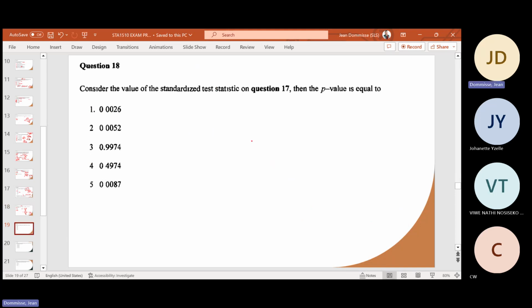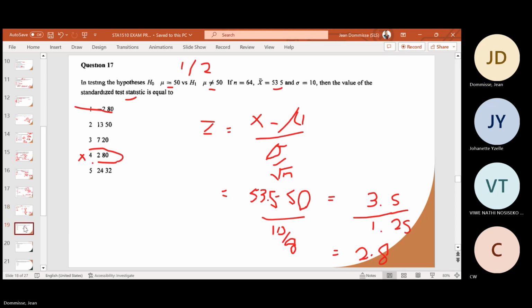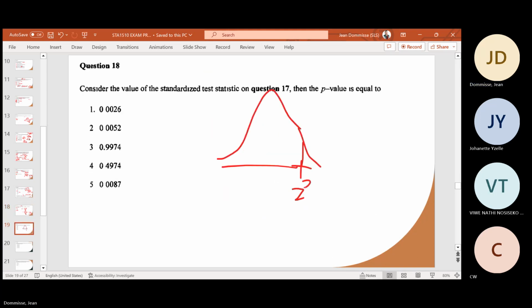Okay, so now they're doing it a bit differently. So they tell us this Z that we calculated, which was 2.8. We now need to work out what is the p-value.